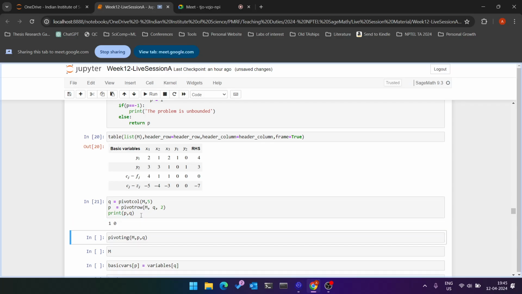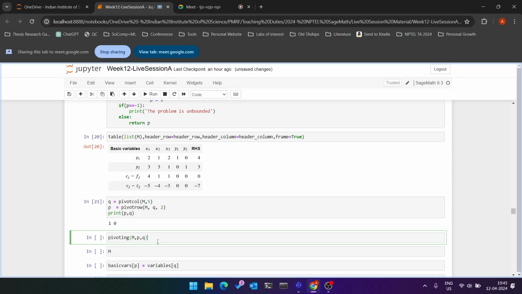I run this. It tells me that I have to take column index 1 and row index 0. So minus 5 and 4 by 2, which is 2, having the largest ratio.